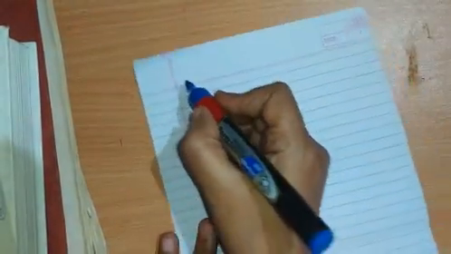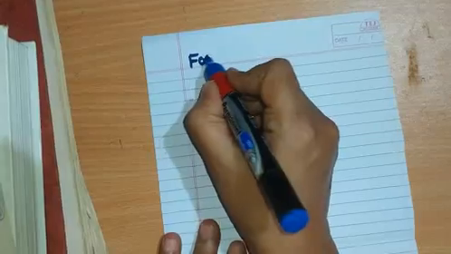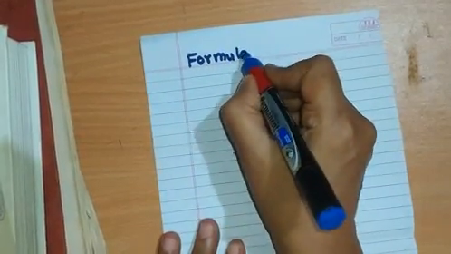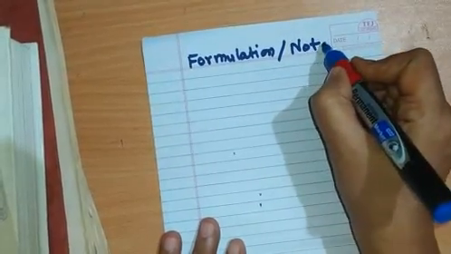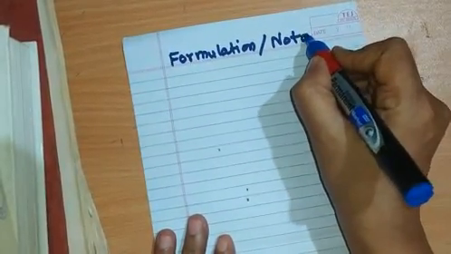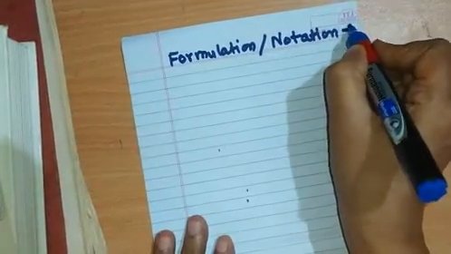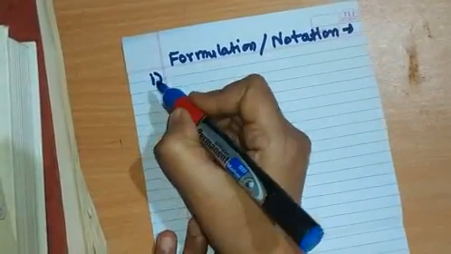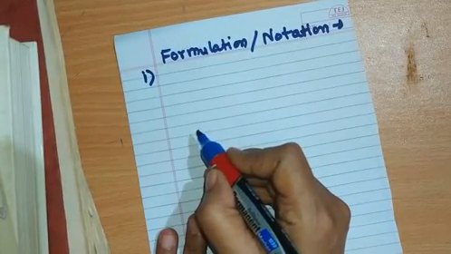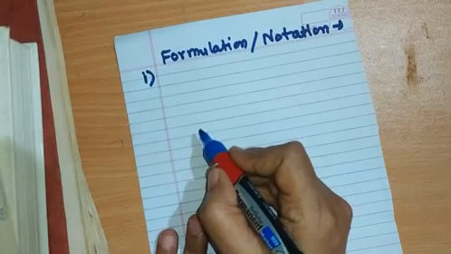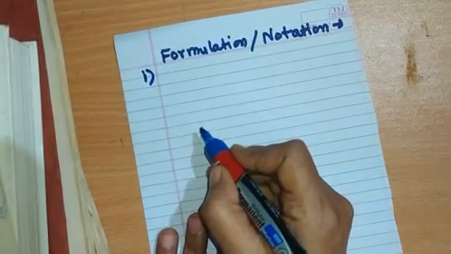Now, let us learn about the formulation or notation of the cell. How are these cells noted? In the formulation, the first rule is that metal electrodes are written at the end of the formula.